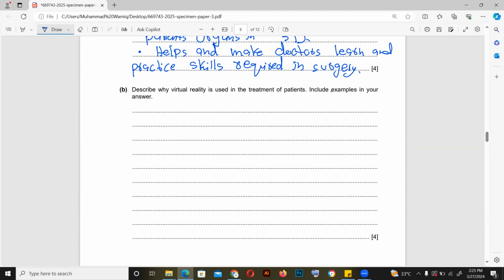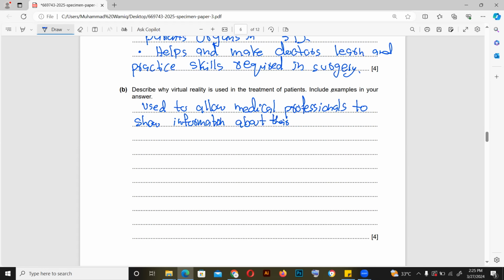So I can write here that it is used to allow medical professionals to show patients information about their condition.